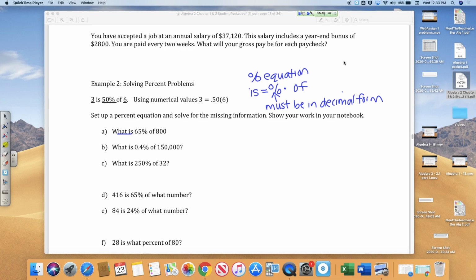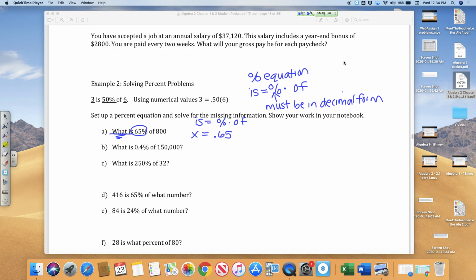This problem is asking, what is 65% of 800? To do this, we use the formula is equals percent times of, and we're trying to find what is. So this is the variable we're looking for. X equals, we take 65% and put it into decimal form.